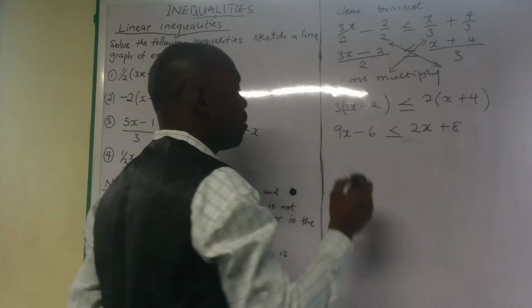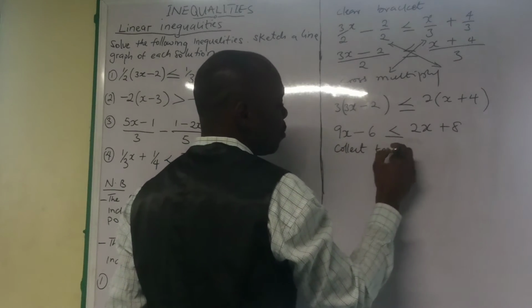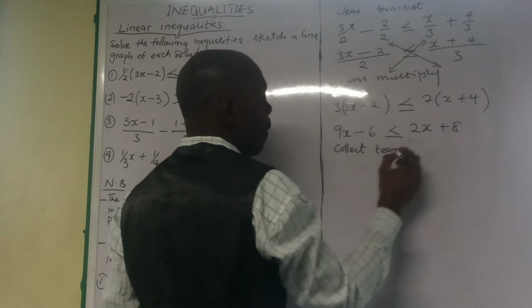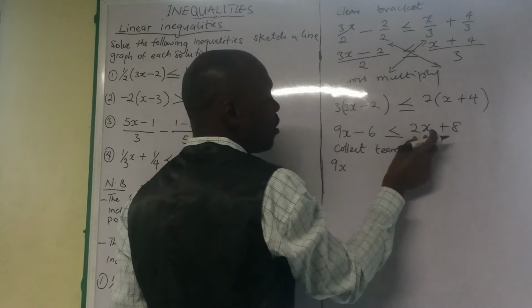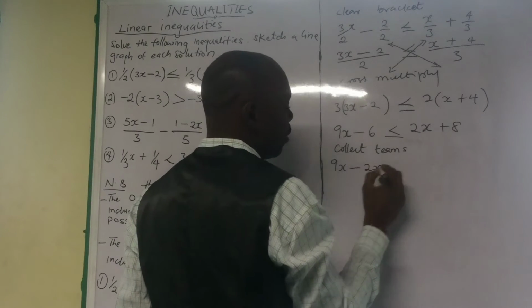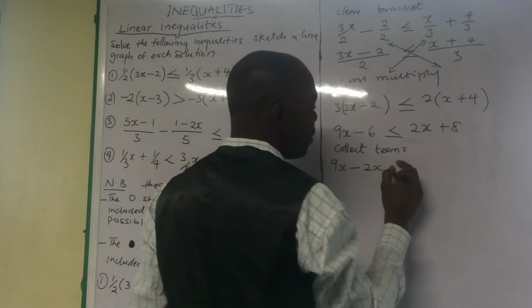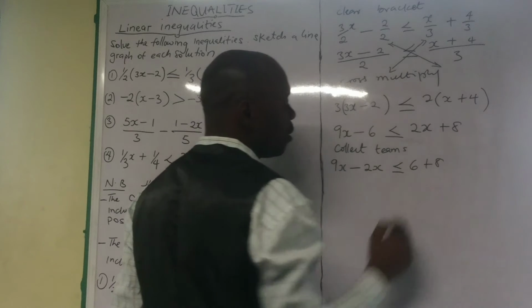Let's collect the terms. 9x remains 9x. Transfer 2x to this side to give us minus 2x. Transfer the 6 to this side, so minus 6 plus 8 remains.